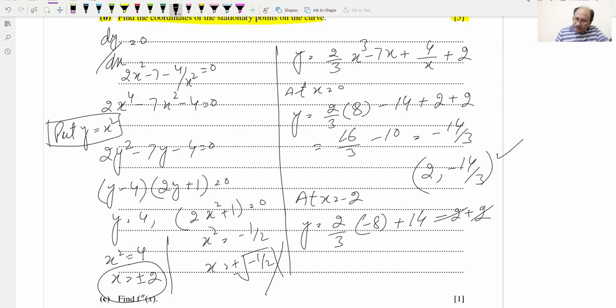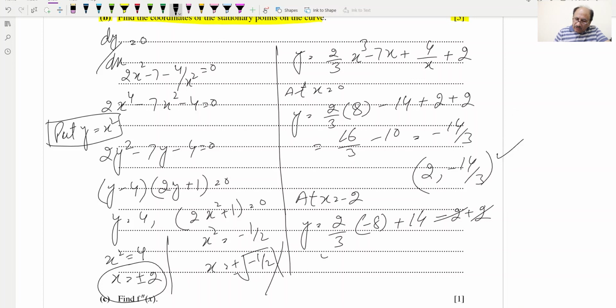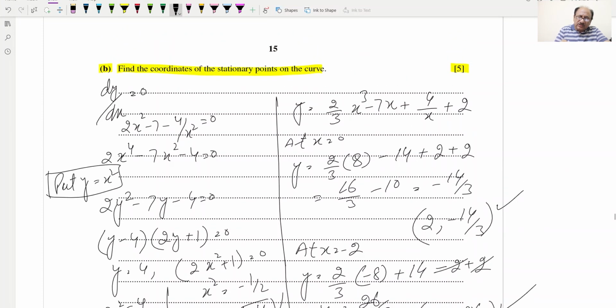We can use a calculator, so it will be 2 over 3, and inside will be minus 8, bracket close, and plus 14, and this will be resulting to 26 over 3. So the y value will be equal to 26 over 3, and our point will be minus 2 and 26 over 3. This will be the second point, and they're saying find the coordinates of the stationary points on the curve.